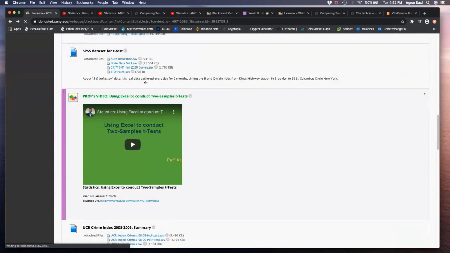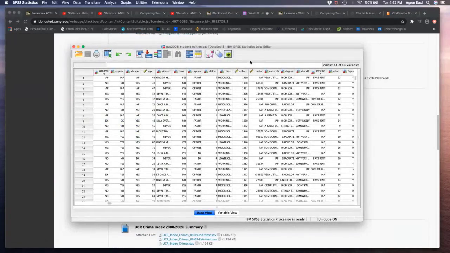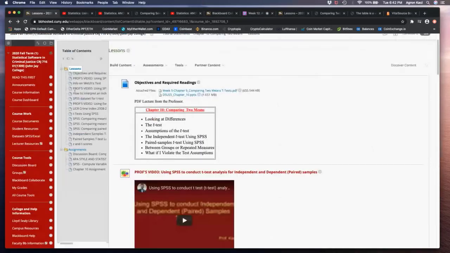The exercise would be to open up GSS 2008 Student Edition. That is found in Blackboard.